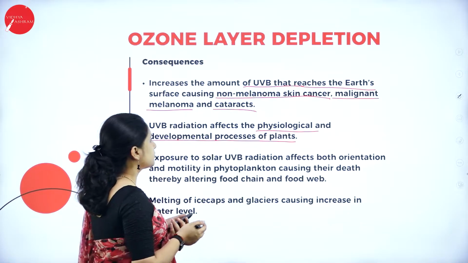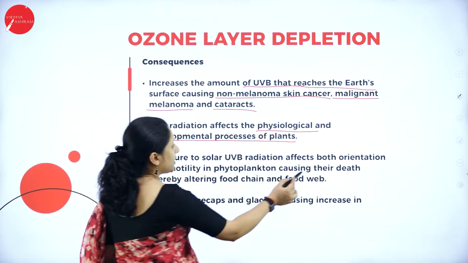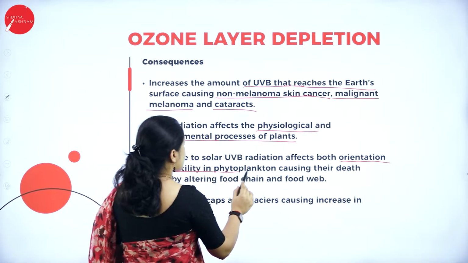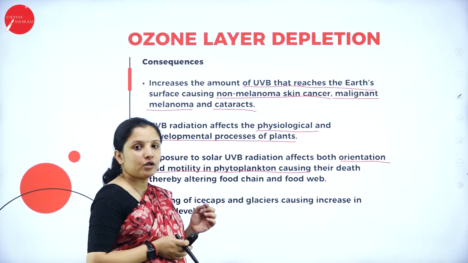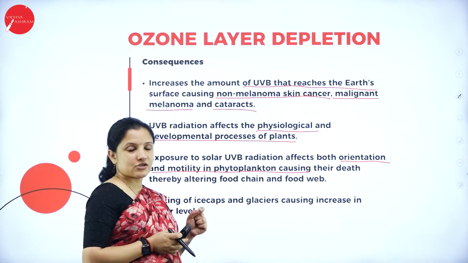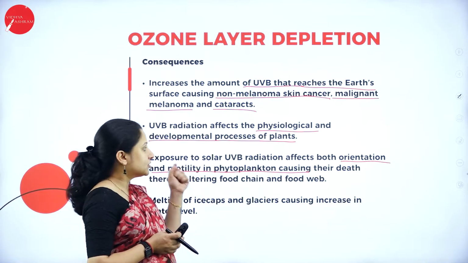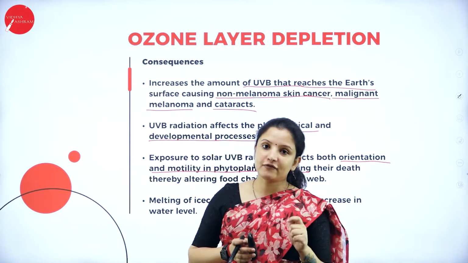Next, exposure to solar UVB radiation can affect the orientation and the movement, that is motility, of phytoplankton. Phytoplanktons are small plant-like creatures that are found in freshwater bodies. These phytoplanktons are very important in the aquatic food web.